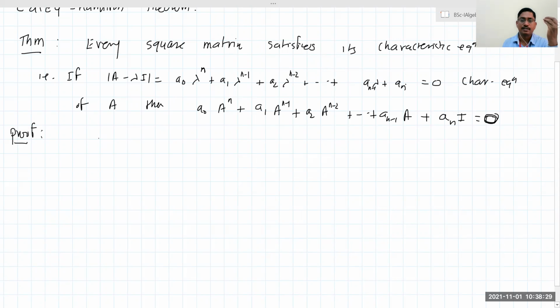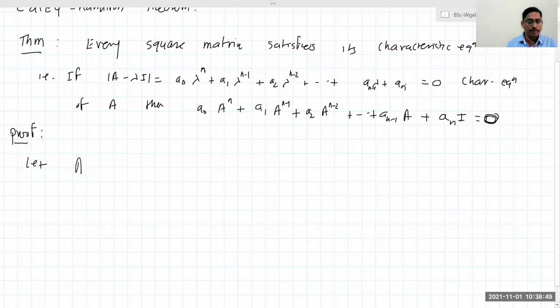What do we mean by the minor of each element? Suppose the first entry a11 is there; delete the row and column in which a11 belongs, and write the remaining n minus 1 order determinant value. That will be the minor of a11. We discussed that in the previous lecture. So the adjoint concept is involved here. Let me take the matrix first.